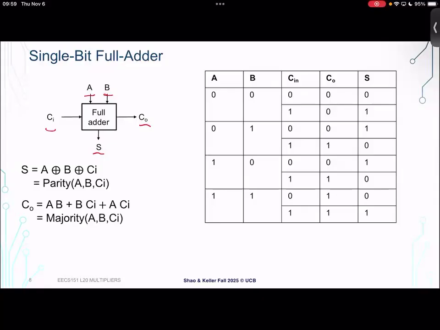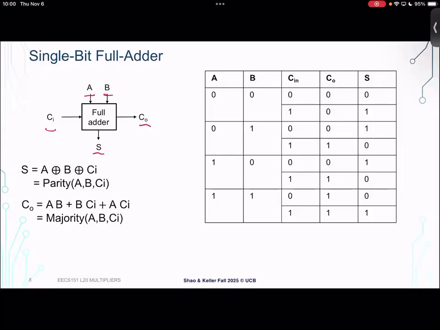And so we can write the Boolean logic functions for sum and carry out. Sum is just the XOR of the 3 inputs, which is also called a parity checker, because it's true, I guess it's actually an inverse parity checker.